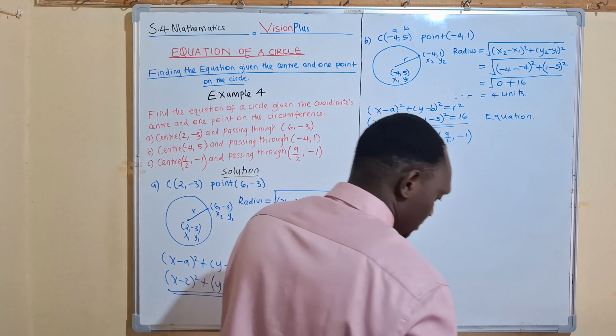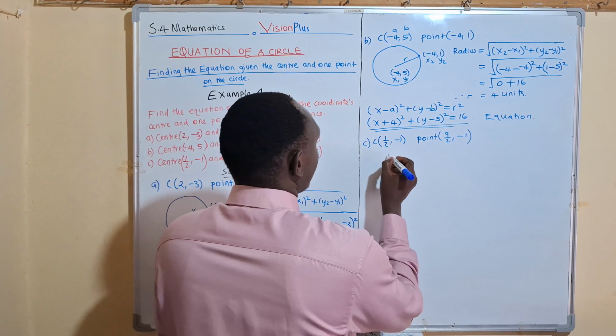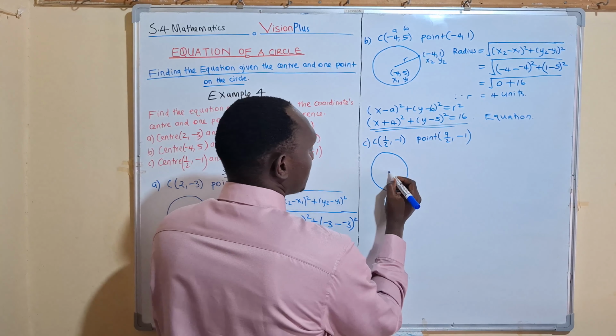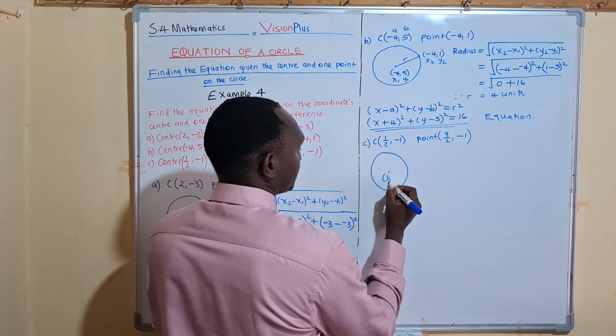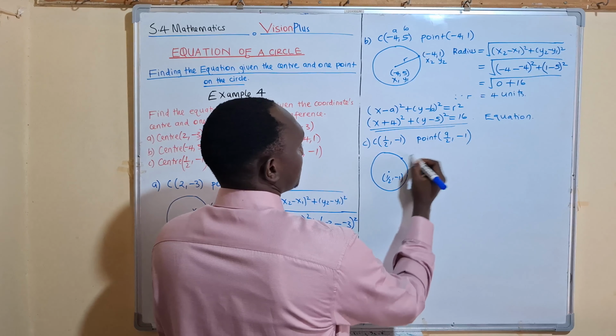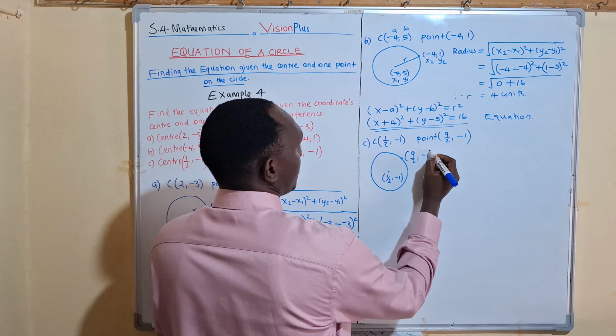Don't get scared. This thing is very simple. Sketch your circumference, which is a circle. Put your center. The center is a half and -1. Put a point on the circumference, which is the point 9 over 2 and -1, in that manner.